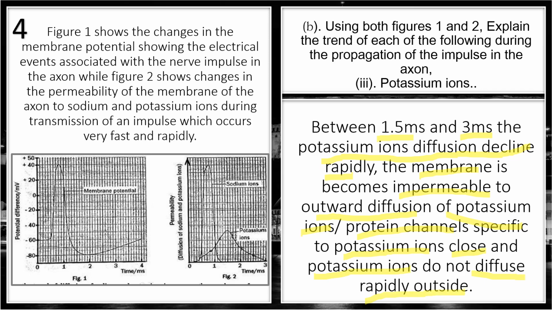So from 1.5 to 3, the diffusion of potassium ions outside is reduced.